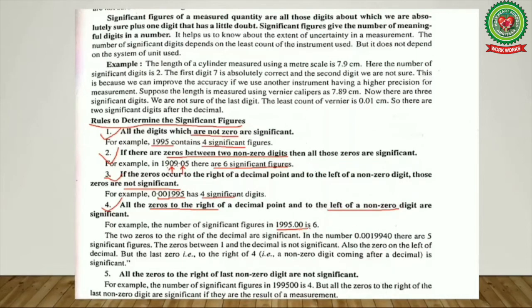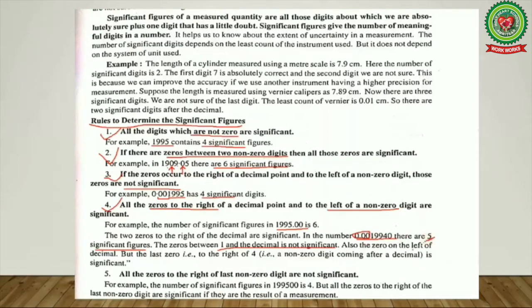Two zeros to the right of decimal are significant. In the number 0.00199940 there are 5 significant figures. The zeros between 1 and the decimal are not significant. Here these zeros are not significant. So the total number of significant figures will be 1, 2, 3, 4 and 5.